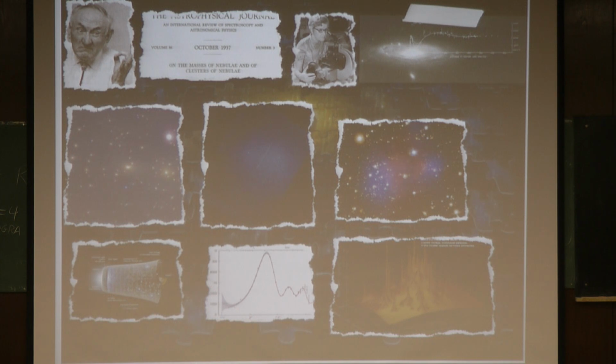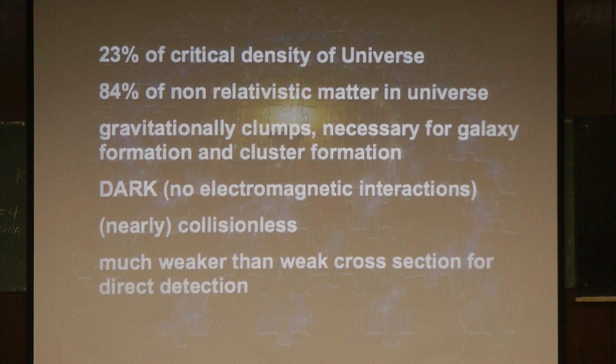So here is a bunch of historical papers from Zwicky and Vera Rubin trying to measure the rotation curves. You heard something in Eric's lectures about all that, and you will hear probably more. This is the Coma cluster in X-ray, and this is the Bullet cluster, etc. Based on these astrophysical and cosmological observations, we have some sort of a conclusion that there is something going on in our universe in terms of the composition: 23% of the composition of the universe, or 84% of the non-relativistic matter.